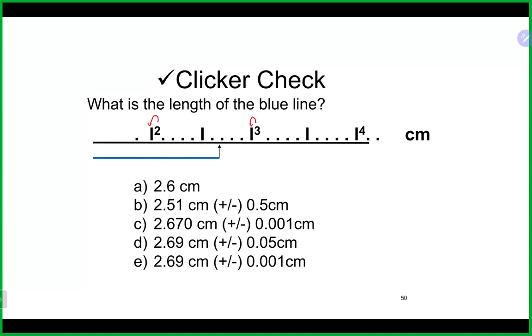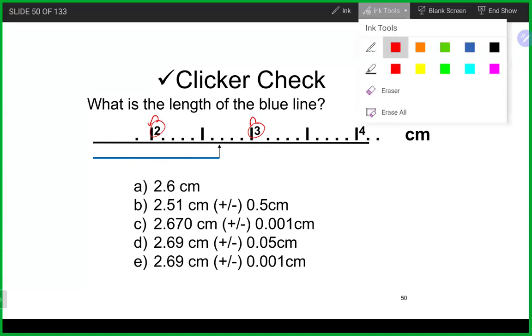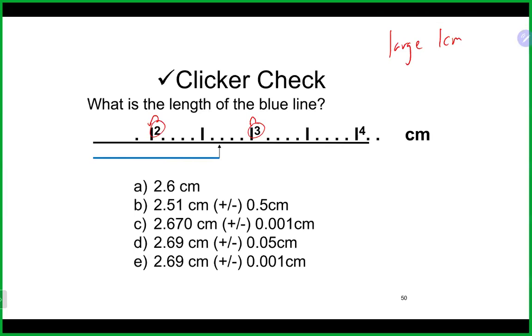Okay, so let's take a look at, remember here, we again want to look at our scaling. So we can see our big markings there is basically 1 centimeter. Once again, we do want to count what we got going on in terms of our small markings. So remember that when we count those, we want to start past the last large marking.